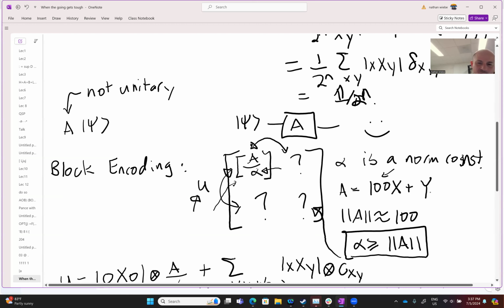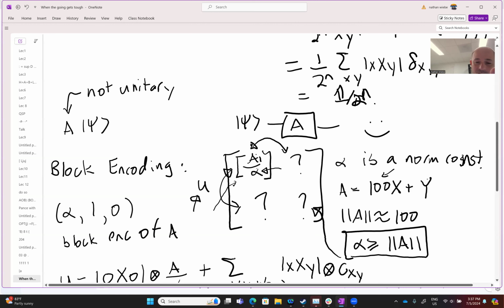And minimally, this would be an (alpha, 1, 0) block encoding of A. Because you can see here that this A is actually exactly the target that we were looking at.